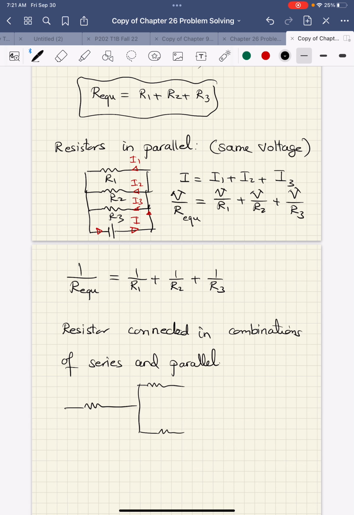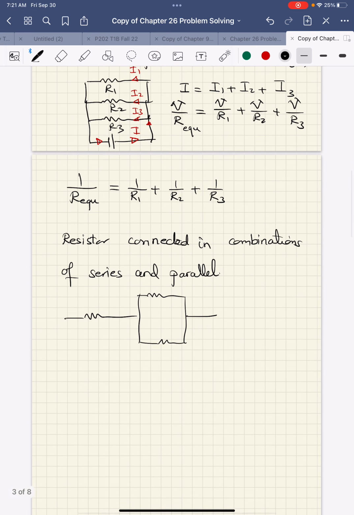For example, if I have this setup, you can see that this is R1, this is R2, this is R3. First, R2 and R3 are in parallel, and then I will find their equivalent.